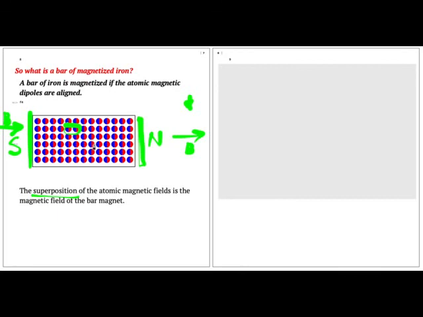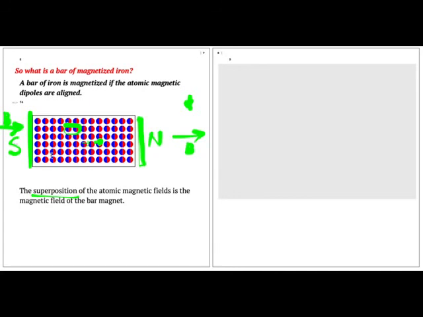So for each little dipole here, you'll have a part pointing this way and a part pointing this way. All right, so combining all these atomic dipoles, and the important point is they're all aligned like this. They're all lined up. They're all pointing south to north, toward the east.